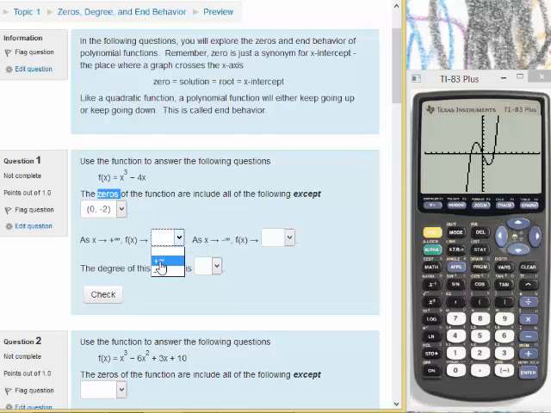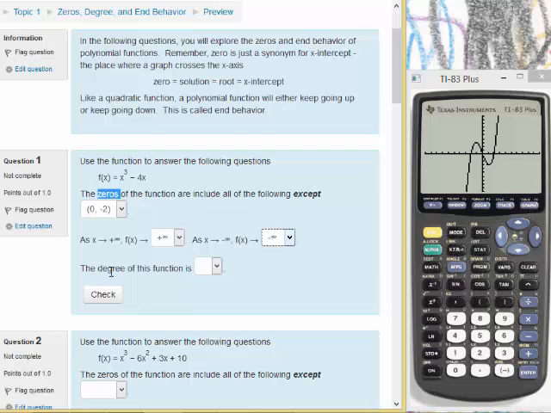So that means as x goes toward positive infinity, y, or f of x, also goes to positive infinity. Going the other way, as we go in the x direction toward negative infinity, our graph also goes down in the y direction. So as x goes toward negative infinity, f of x also goes toward negative infinity.